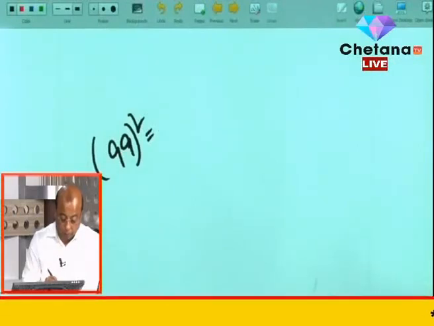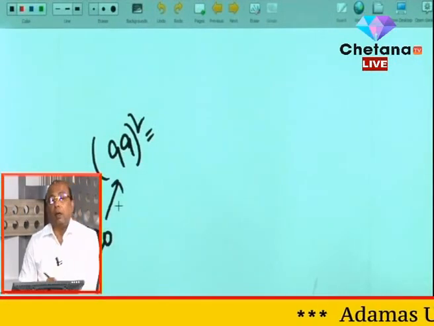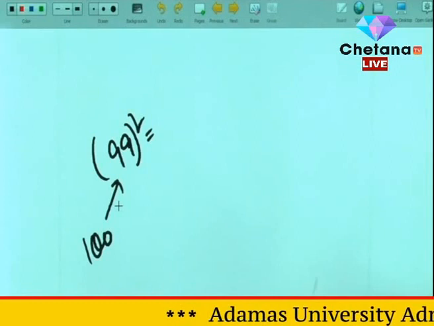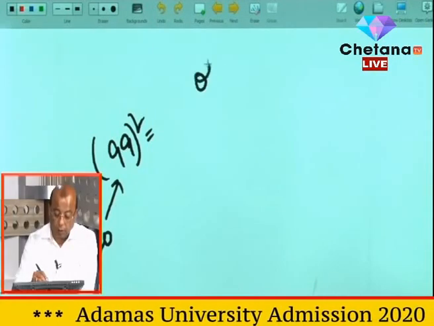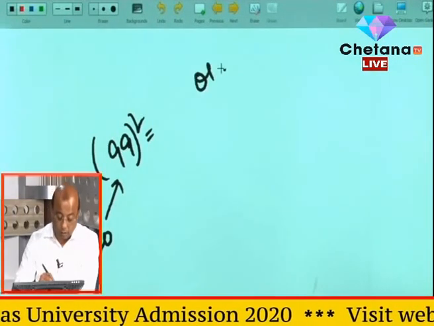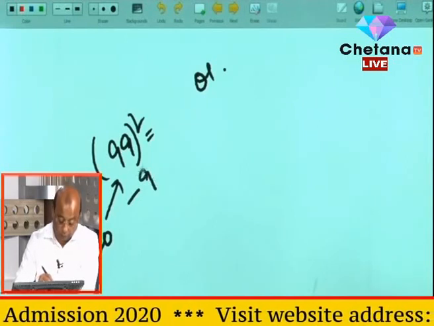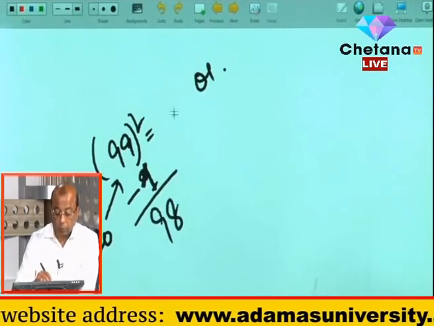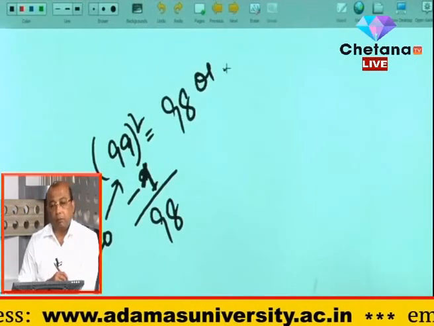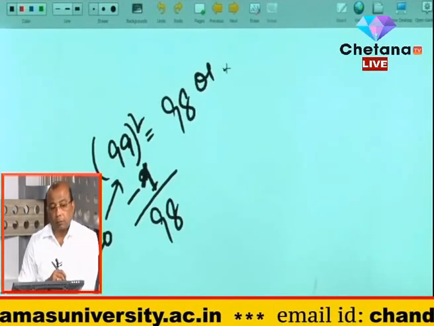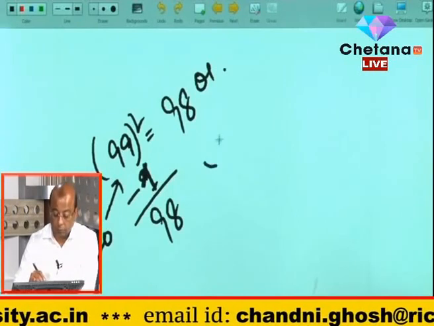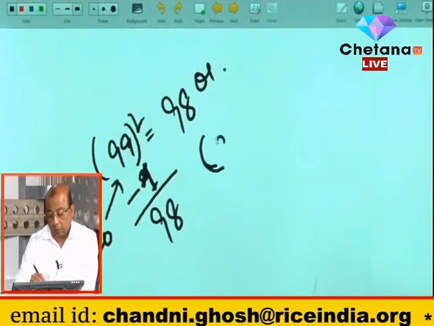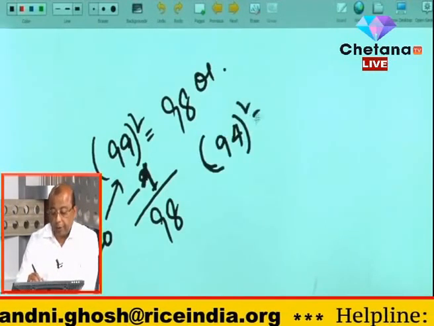99 whole square. How much less? 1. Square of 1, 01. Original number minus 1, that is 98. The answer is 9801. 94 whole square.